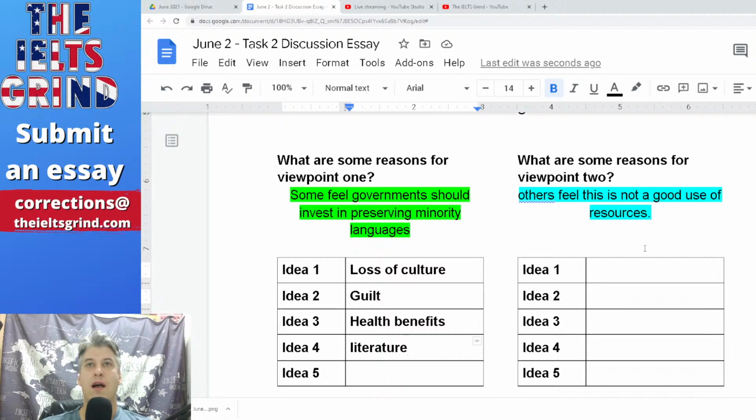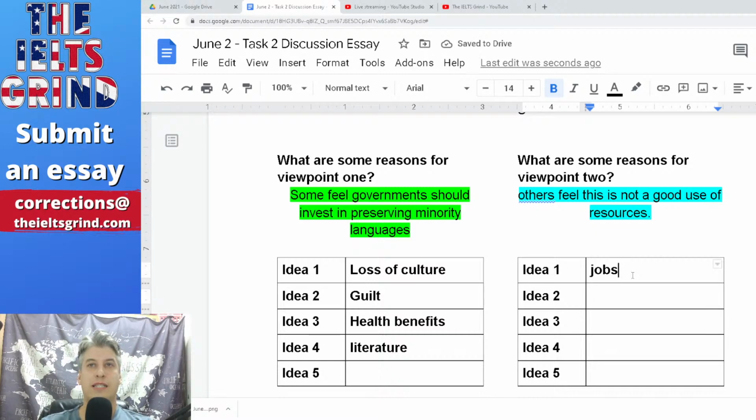So, why would some people feel that it's not a good way to spend resources? I think we could talk about this in terms of jobs.